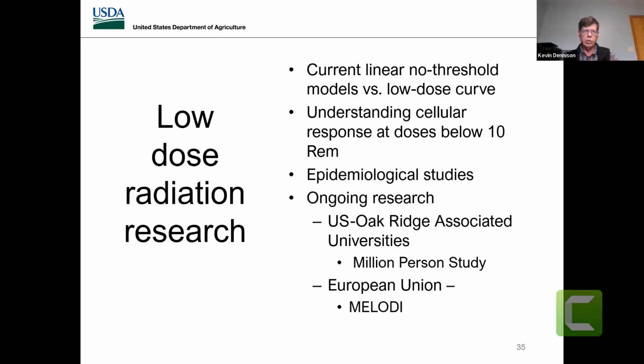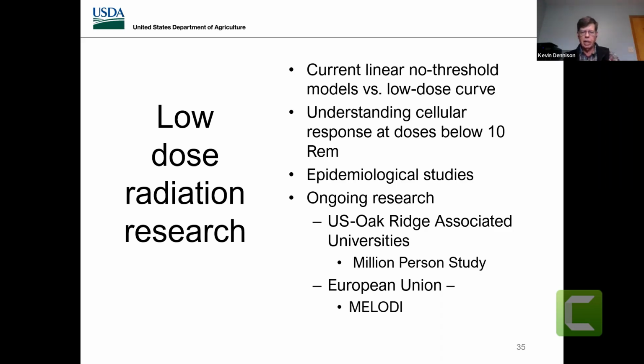Oak Ridge Associated Universities has the 1 million person study ongoing right now, where they're trying to tease out data and compare people in various risk groups with known exposures, with similar medical backgrounds, and try to decide in these low doses, are we getting higher rates of cancers of various types compared to the expected amounts in the general population.